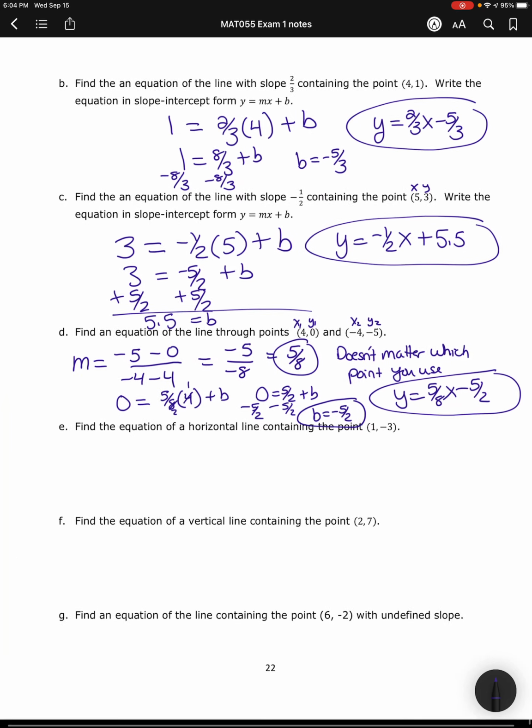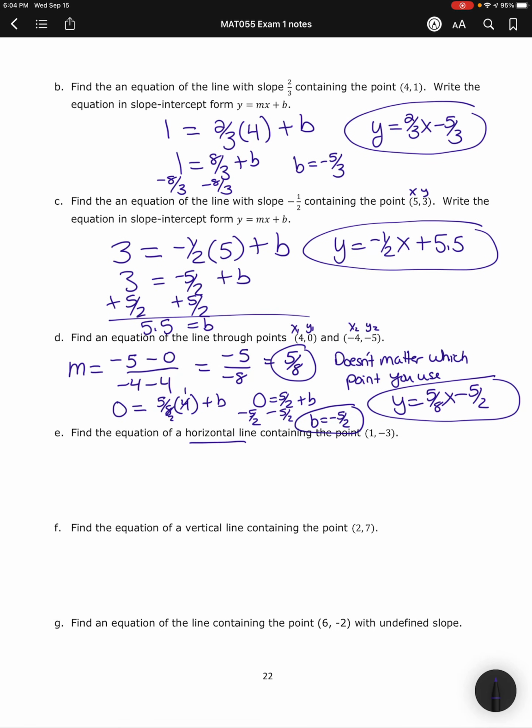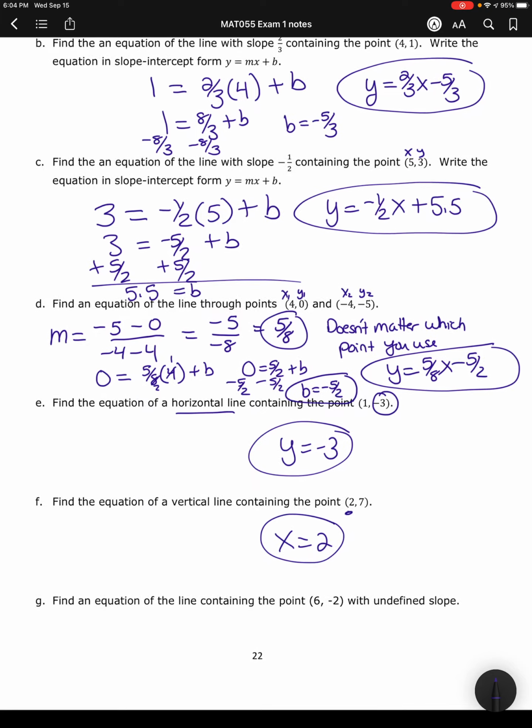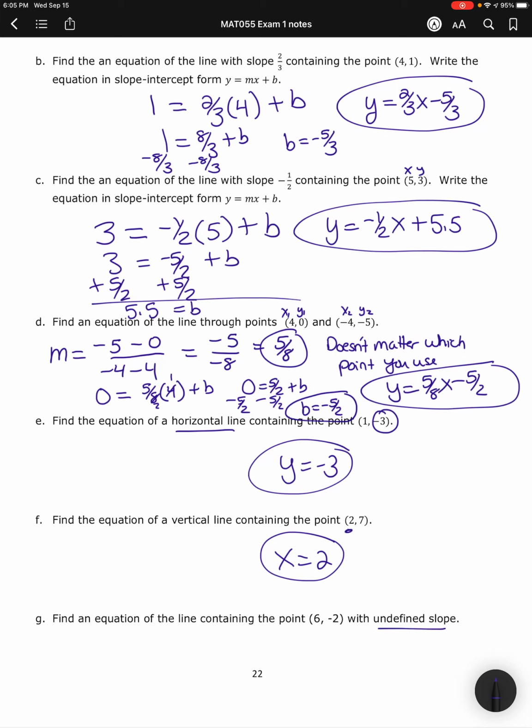All right. Ooh, horizontal line. Those are the easy ones. So horizontal, that relates to y. So I'm going to grab the y value. It's just y equals -3. Vertical lines relate to the x value. So it's just x equals 2. And undefined slope is also vertical.